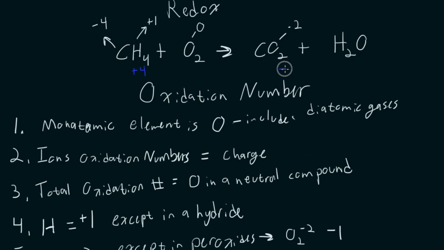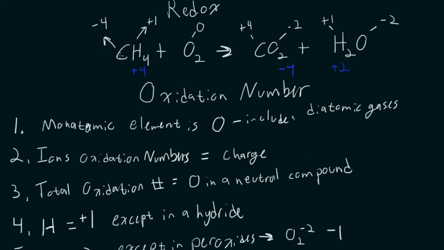So now this is going to be -4. So our carbon has to balance out a -4. So carbon is +4. There we go. Okay. And then we've got oxygen over here. That's going to be a -2. These hydrogens are going to be a +1. And that makes sense. +1 times 2, that's a total of +2. So there we go. There's our redox reaction.